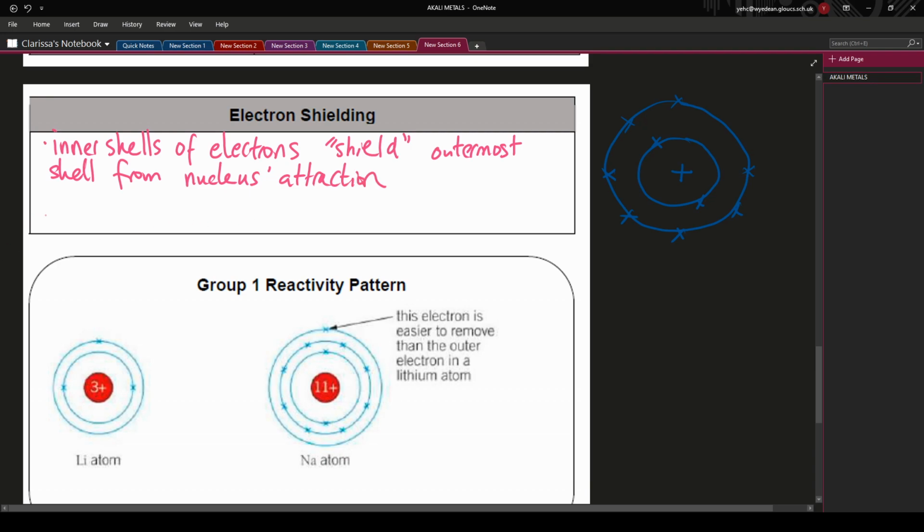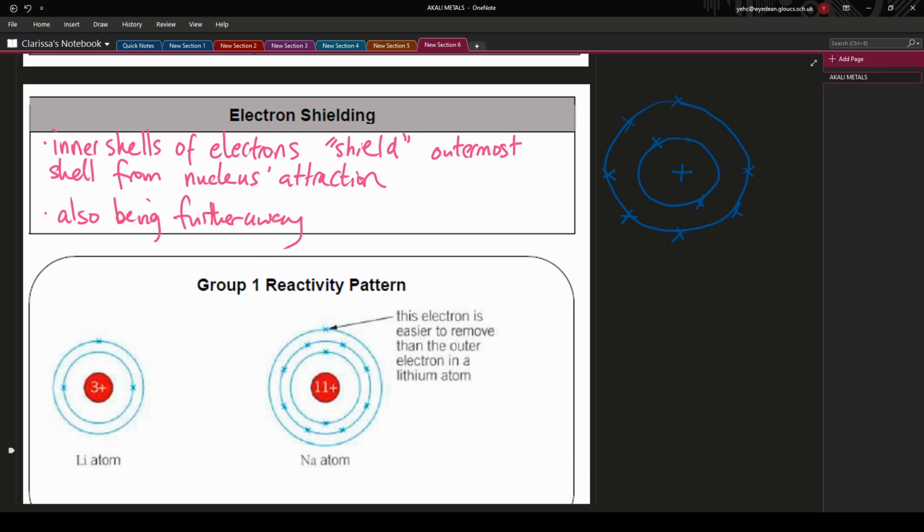And then also another thing is just being further away. That's going to make it so there's less attraction.